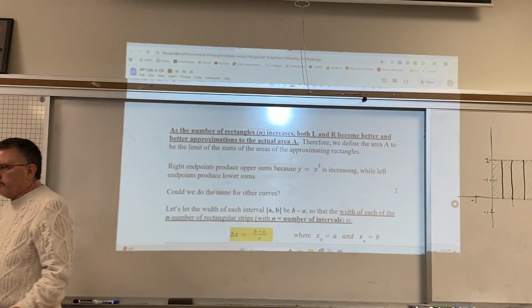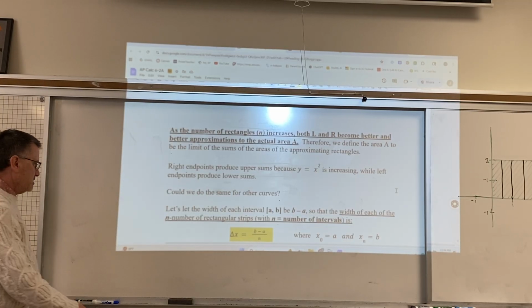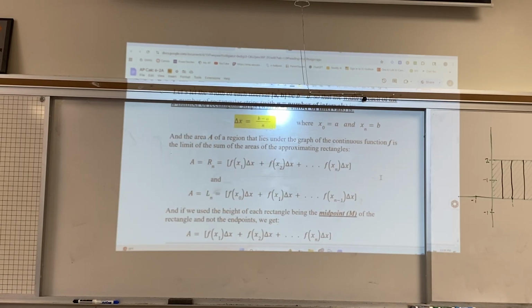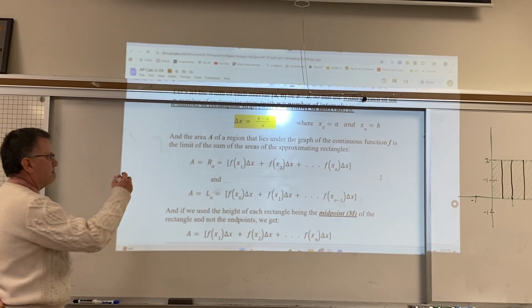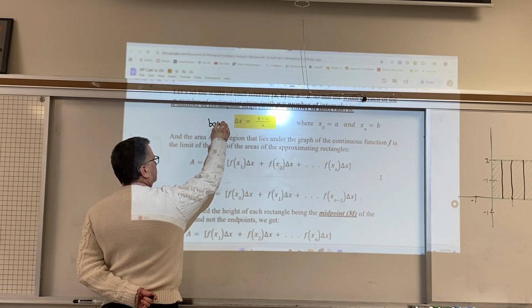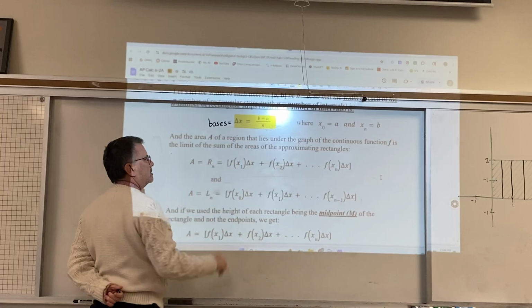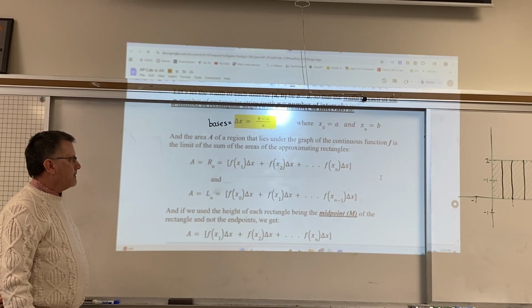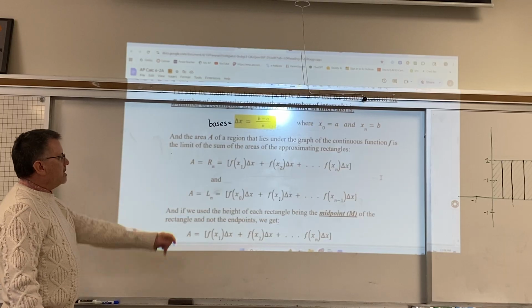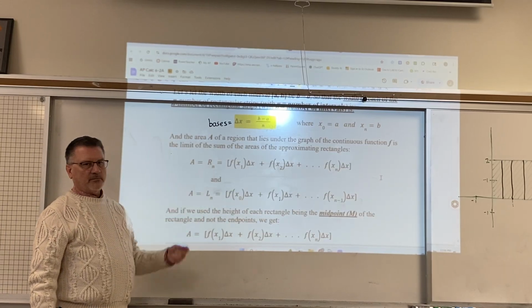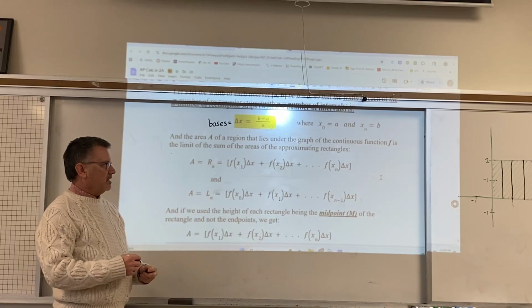That's your base. This will be my base, all my bases will have the same meaning. So we'll do capital R, capital L to say whether I'm doing it from the right side or from the left side.